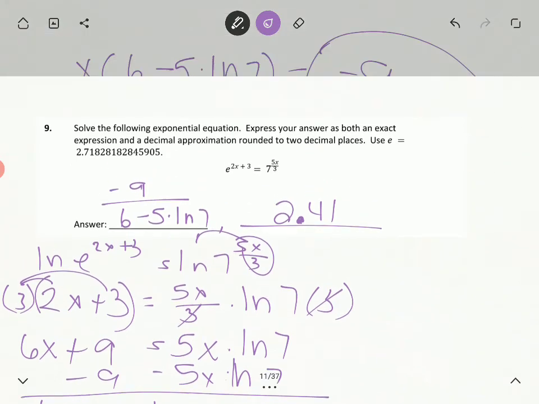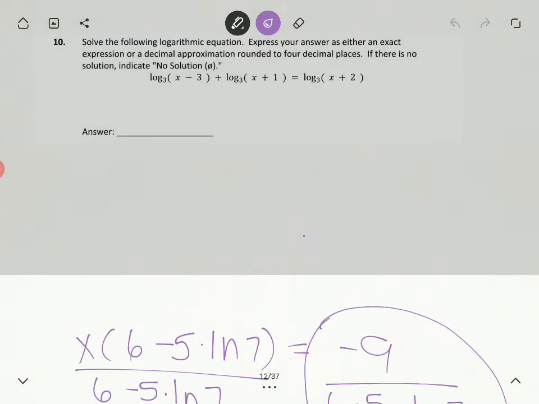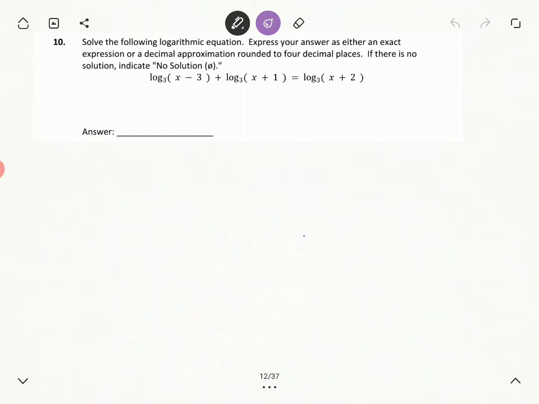We get x minus 3 times x plus 1, log base 3 of x plus 2. And so when we FOIL that, the logs just kind of disappear for now. And we end up with x squared minus 2x minus 3 is equal to x plus 2.